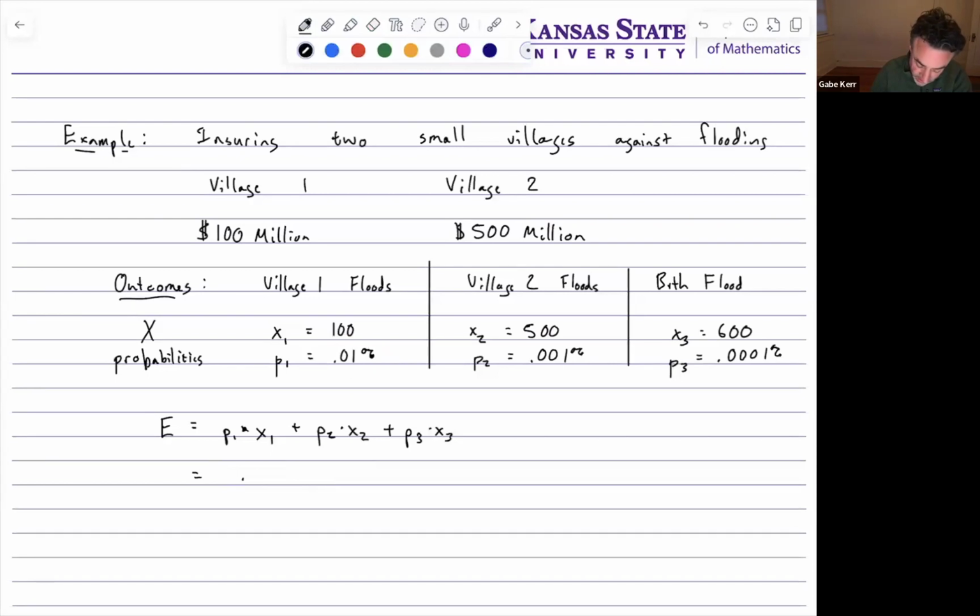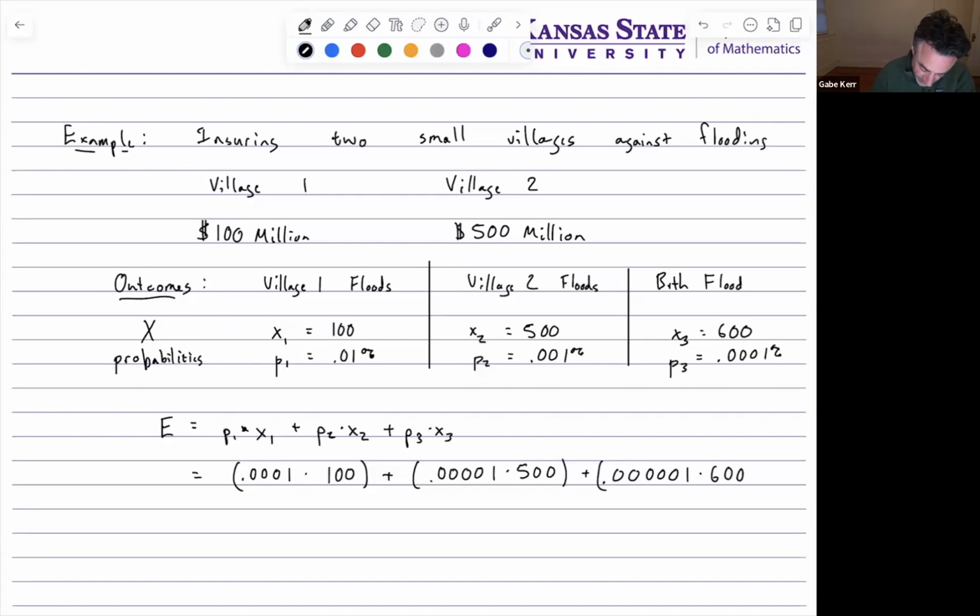So it's not 0.01, it would be 0.0001, the right decimal version of this percentage. So this is times 100 plus, now here we have 0.00001 times 500, plus 0.0000001 times 600. Oops.